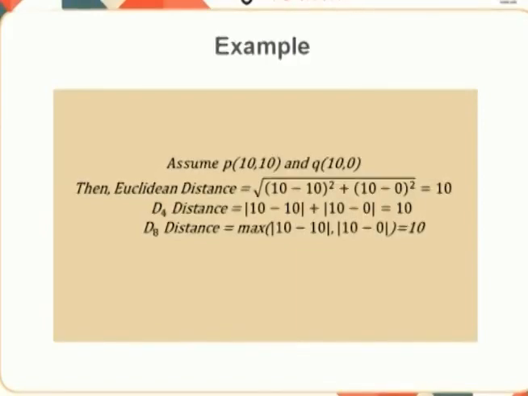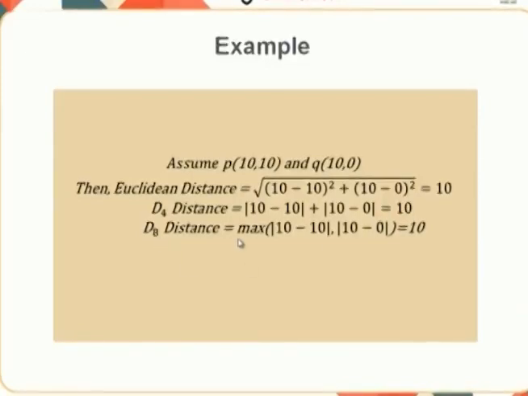It is not having any measurement like millimeter or centimeter. It is in terms of pixels in the case of images and video, and we can simply say that it is 10 units. Similarly, D4 distance can be computed as modulus of 10 minus 10 plus modulus of 10 minus 0, it is going to be 10.